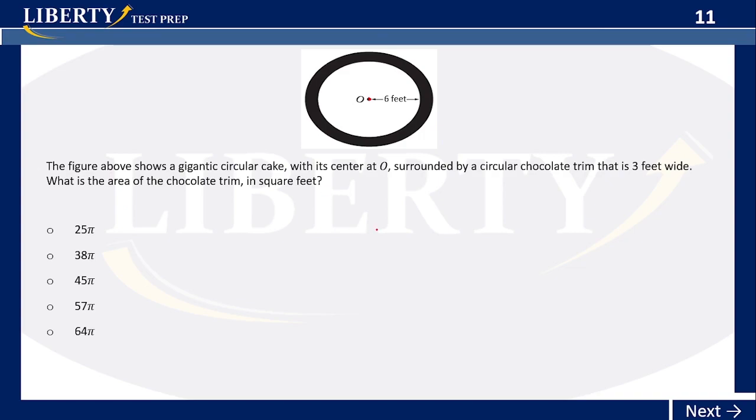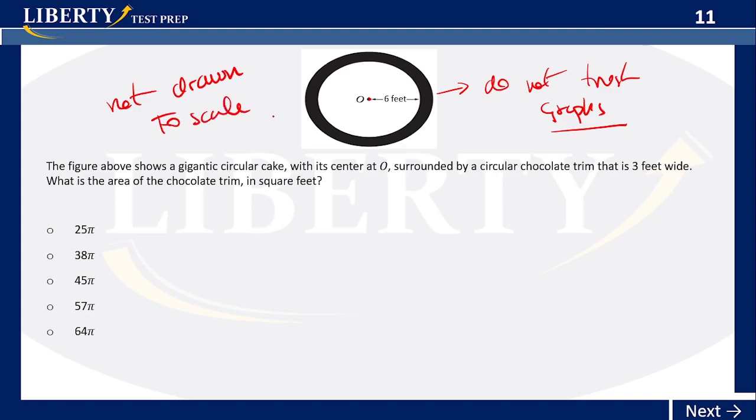Now, something I have to tell you, very important. Do not trust the graphs, right? These graphs on the GMAT are not drawn to scale, okay? Because you might say, oh, this one is 6 feet and this one looks like 2, not 3, right? Yeah, but it doesn't matter. That's just a graph. It is not drawn to scale.